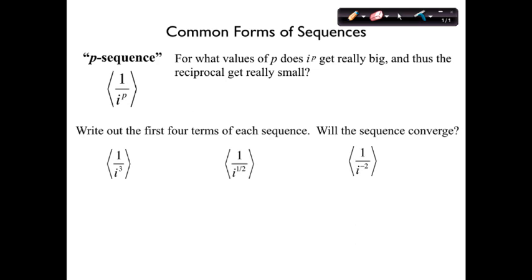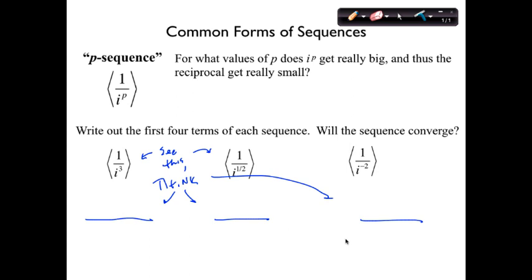So you're going to write out the first 4 terms of each sequence. So again, see this, think what, right? When I show you those symbols, tell me what you should think when you see those things.